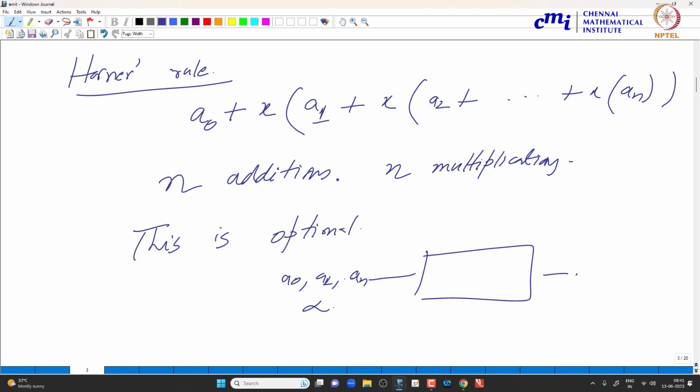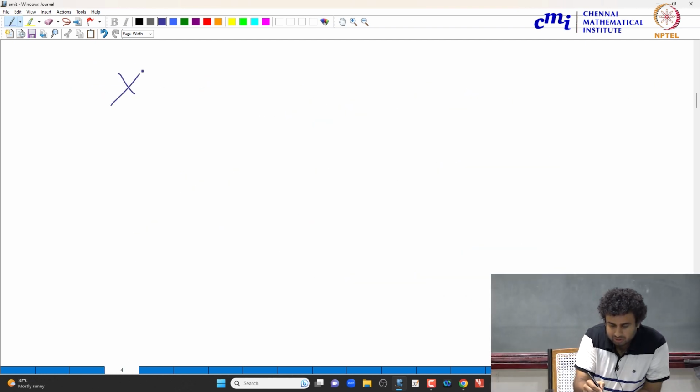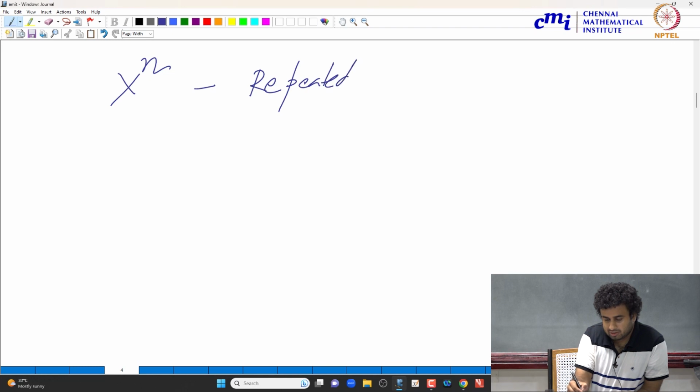But in special cases you can improve. That is the case that some of you were telling about. It is the x to the power n, right? This is the idea of repeated squaring or binary exponentiation.